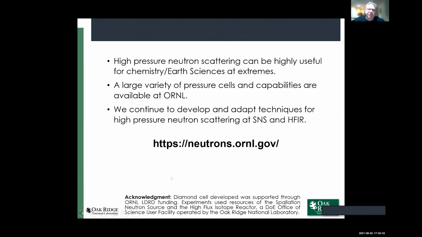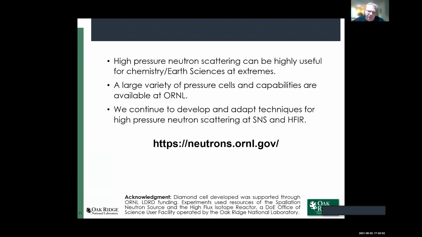So in conclusion, high pressure neutron scattering is growing, particularly at ORNL. If you look around the world, there are dedicated high pressure beam lines at the ISIS facility in the UK. There's a dedicated high pressure beam line at J-PARC in Japan, and other facilities are being built.